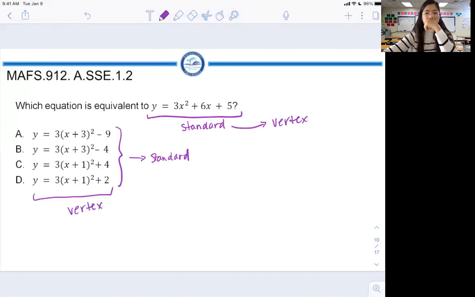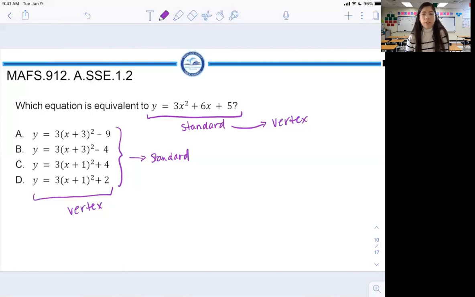Yeah, that makes more sense. Right, it's like less work, right? Rather than taking all 4 answer choices and going one by one and expanding them and making them look like standard form, which you could do. I'm not saying you can't do that. It would just take more time. So to me, it makes a little more sense to look at what we have and to turn it into vertex form.